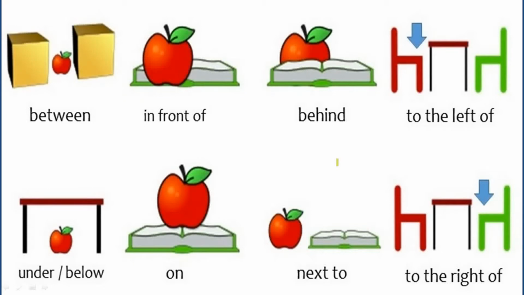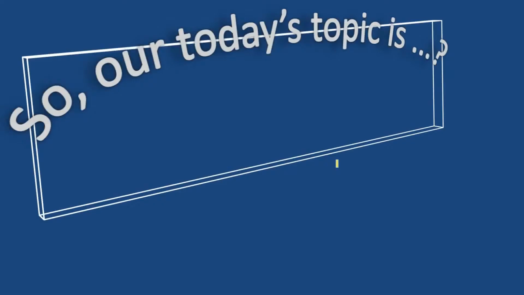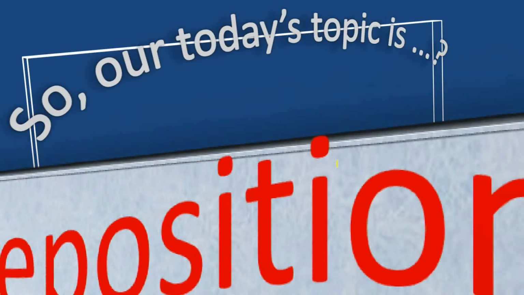Thus it changes its place and takes a different word. What kind of word is that? I think all of you know about this word. This word is called preposition. So our today's topic is preposition.